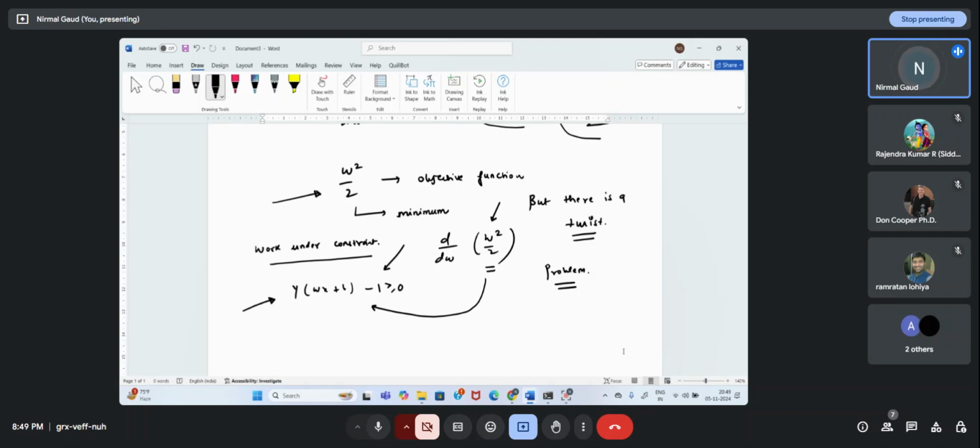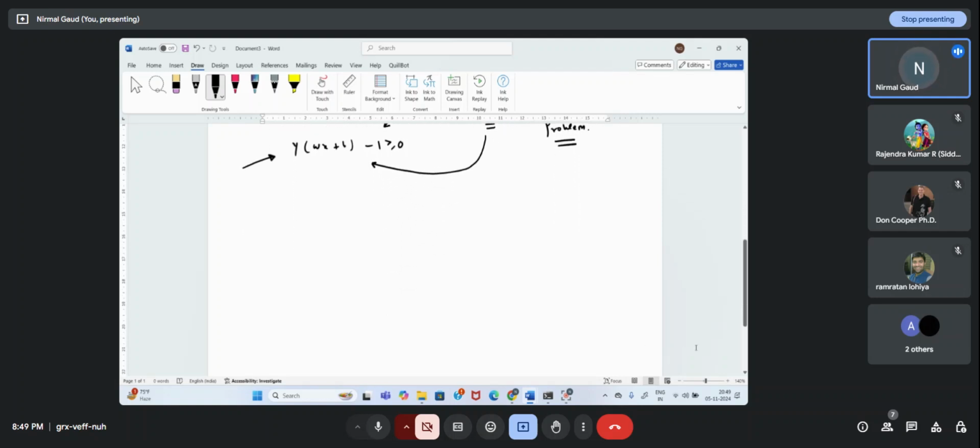Okay, so remember always there are two types of optimization problem. Okay, one is constraint, another is unconstrained. Okay, constraint and unconstrained.